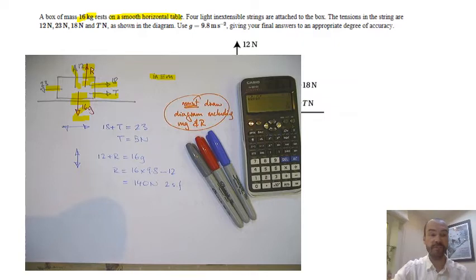Now in this case, if we balance horizontally, we consider these 3 forces, and I would simply have left, so going to the right, balancing going to the left, and we get that the tension in the 4th string is 5.